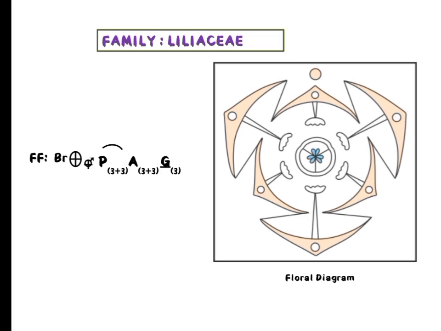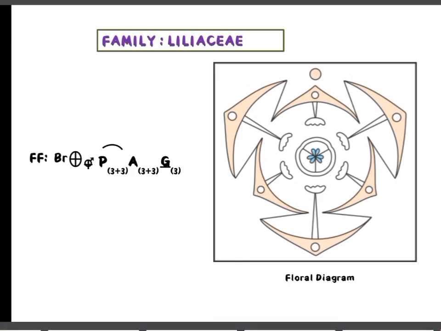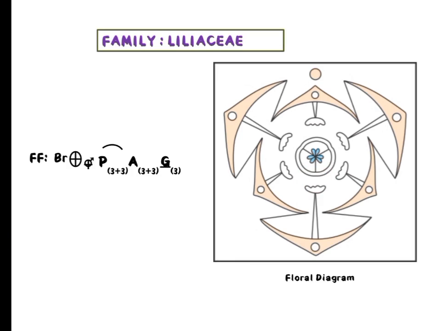Then the androecium is also arranged in 3 plus 3 manner. 1, 2, 3 are attached to the first whorl of tepals and another 3 attached to the second whorl of tepals. So that's why we put 3 plus 3 and put a bracket around the androecium number. Then come to the gynoecium.